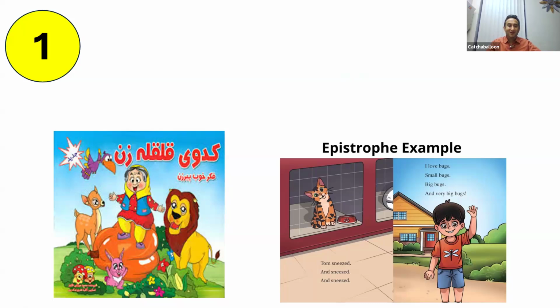Every time a lion or a tiger or a panther or any animal stops the pumpkin, they say, what is that pumpkin? Who is inside the rolling pumpkin? And the old woman would say, okay, I'm just a rolling pumpkin. I'm just going forward. There is no one else inside.